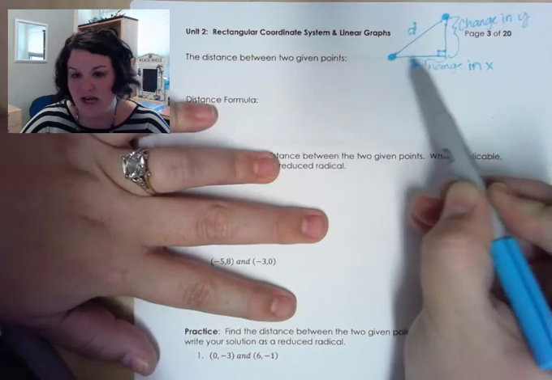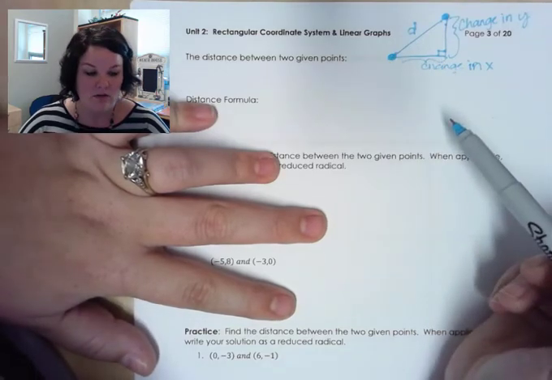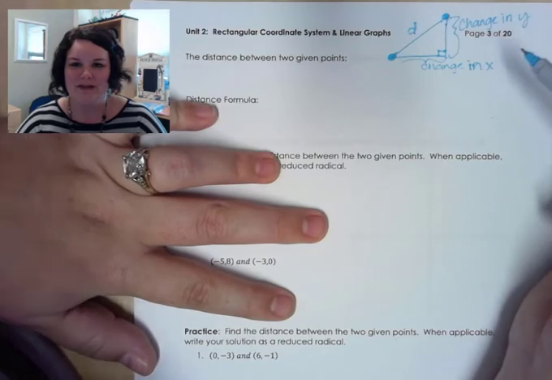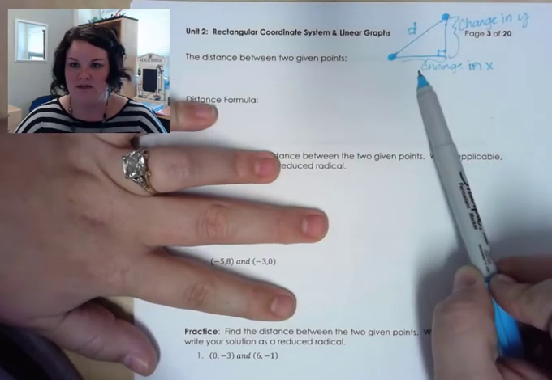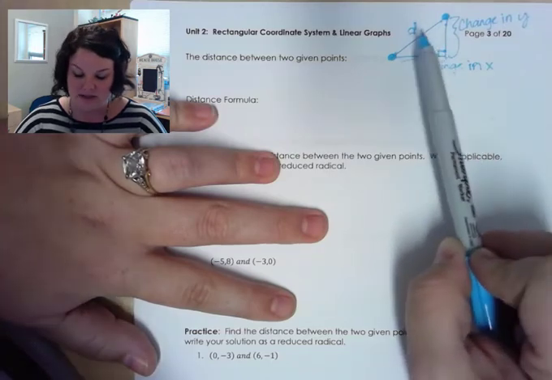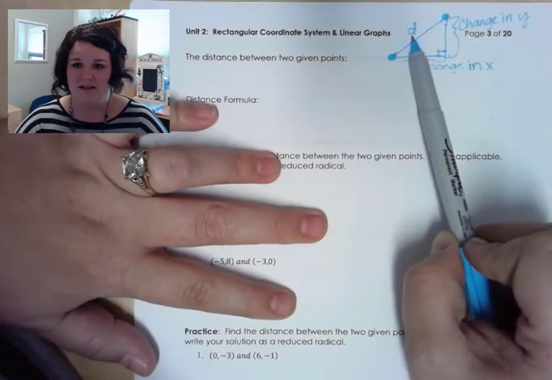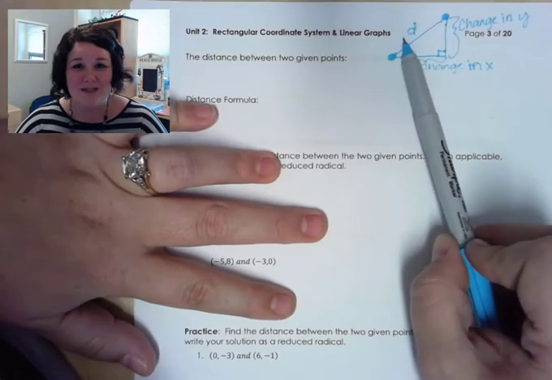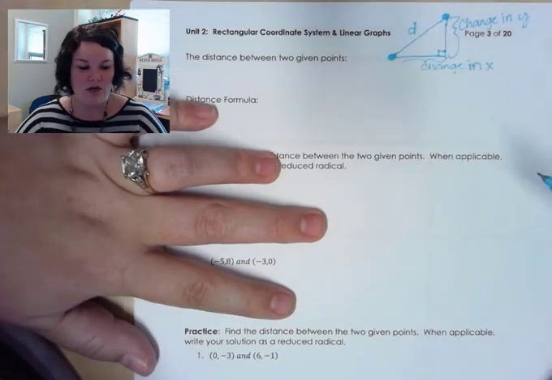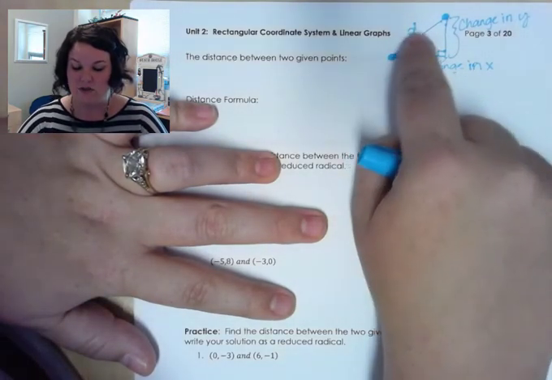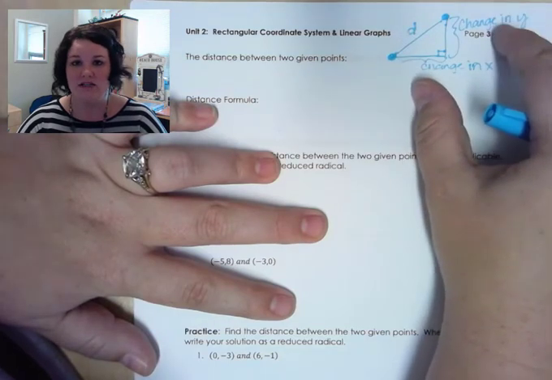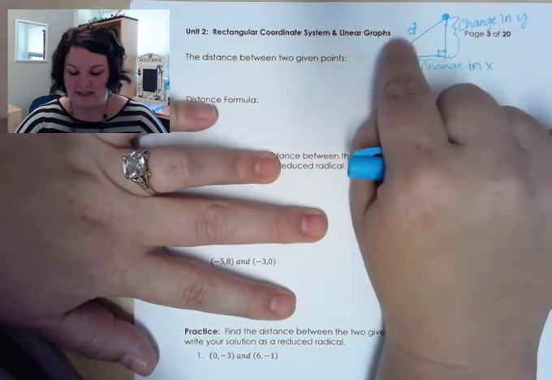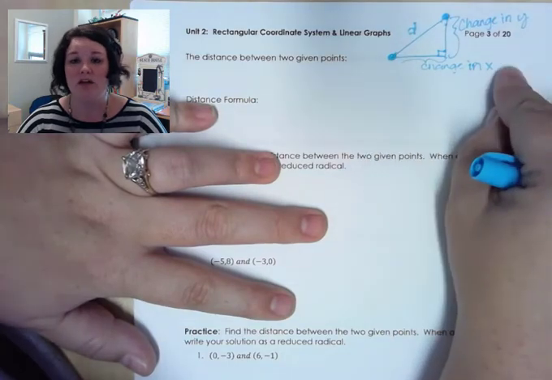Do y'all remember the Pythagorean theorem that says if you take this side and square it and this side and square it and you add it together, it equals that side squared? So a squared plus b squared equals c squared, something we've seen before. So if I want to solve this, I can square these changes and add them together, and then to get d by itself, I would take the square root of that whole thing.